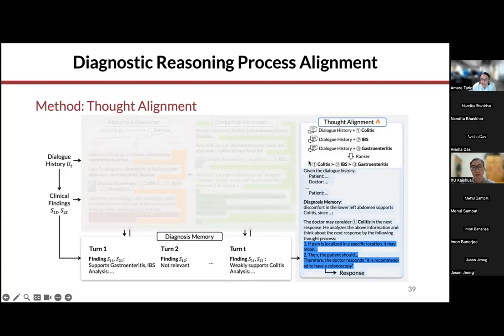Then we choose the top 3 diseases and incorporate them into the LLM to generate the thought process and the responses. Here we fine-tune a large language model to generate the thought process and the response following the prompt instructions.